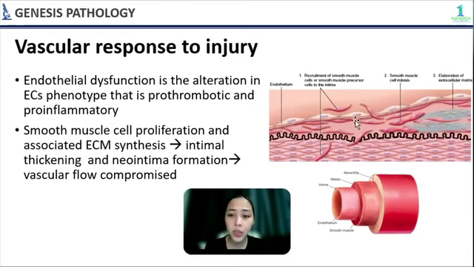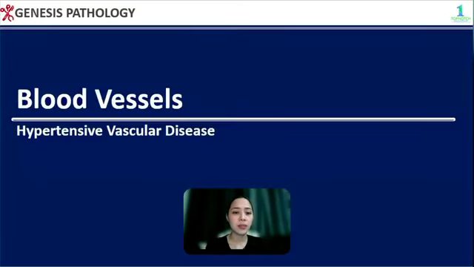So they are recruited into the intimal layer. There they proliferate. They produce extracellular matrix, leading to the thickening of the intimal layer. So pag kumapal yan, yung mangyayari is magkakaroon ka ng obstruction to blood flow. Okay, so remember this because this is applicable to the diseases of blood vessels.